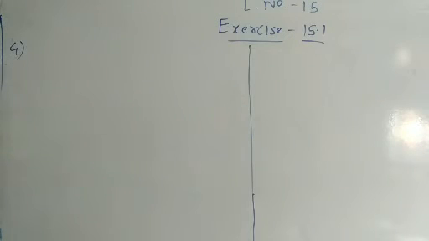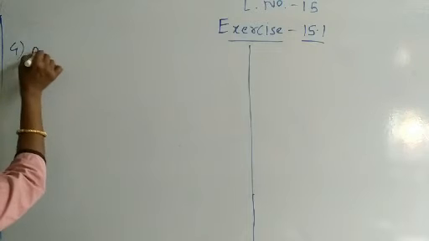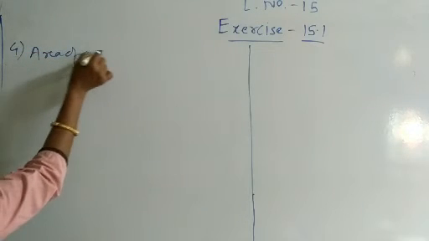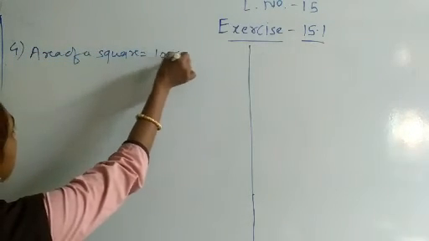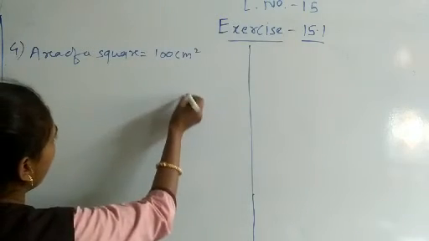Fourth example: what is the radius of a circle which touches all sides of a square, if the area of the square is given as 100 centimeters square? So first of all we write here, area of a square is equal to 100 centimeters square. Now look at this.